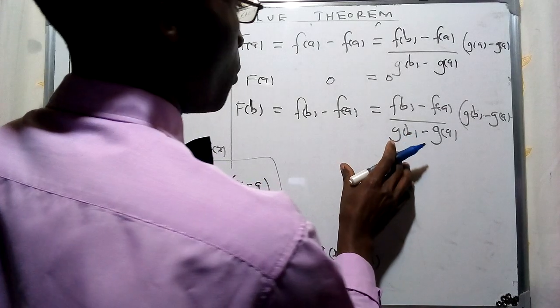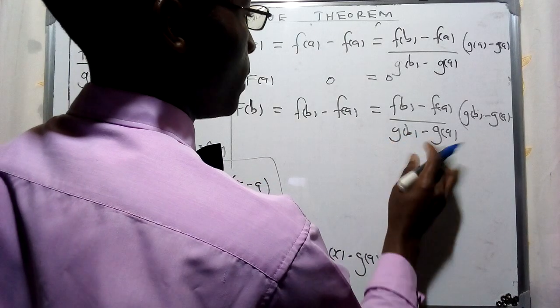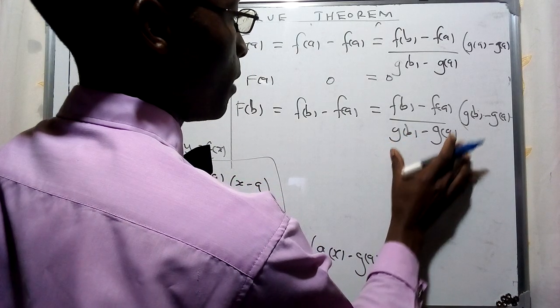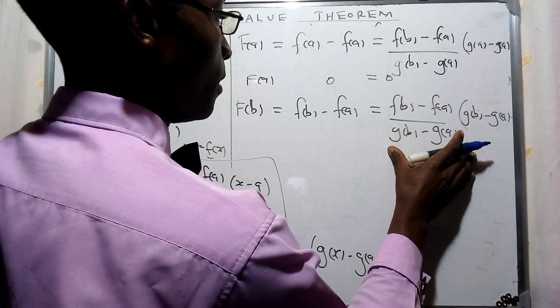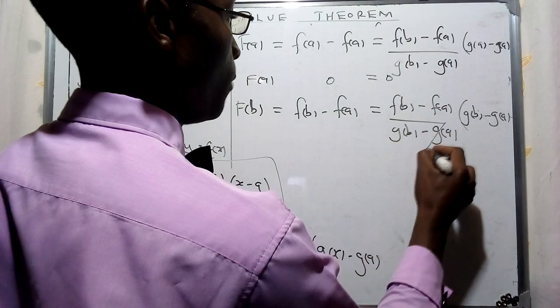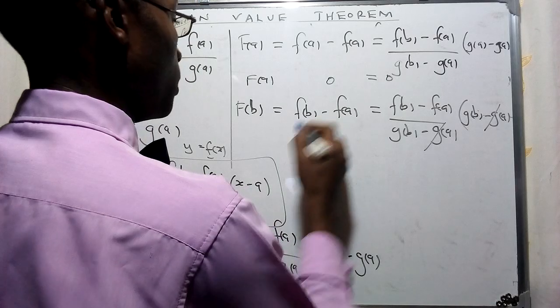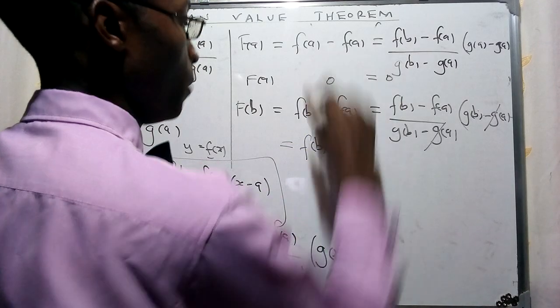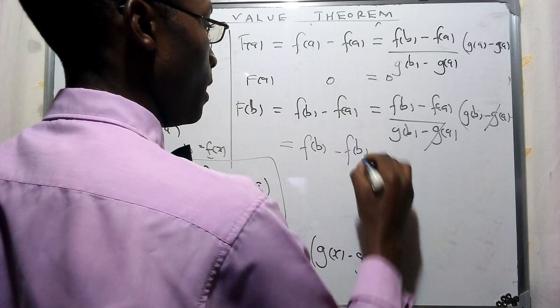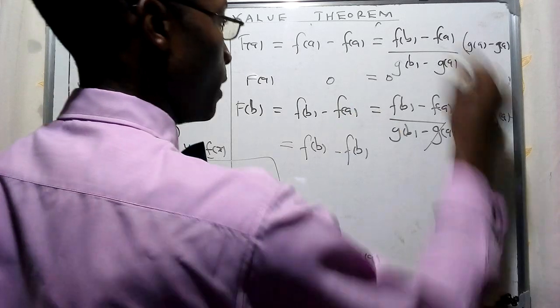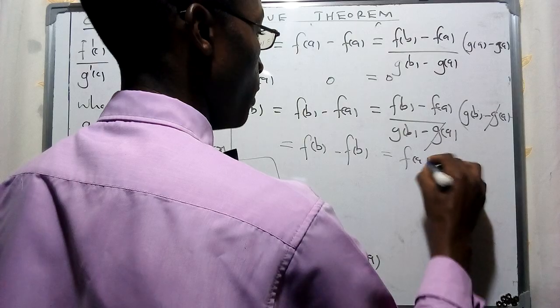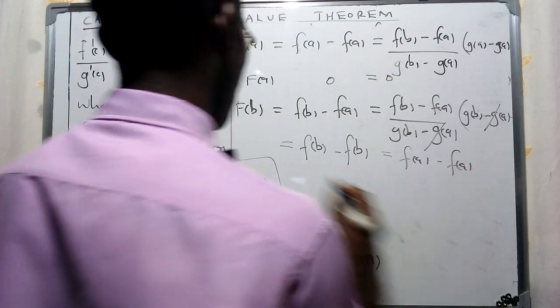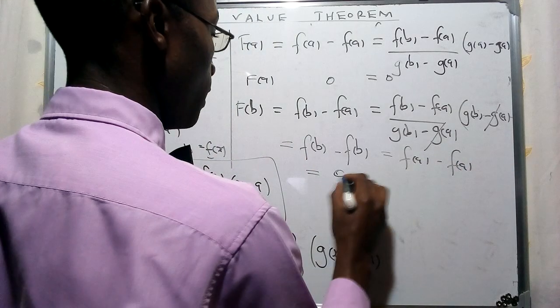So in this case, we're also going to look at this one, and we're going to see that the numerator for this right section of the equation is going to be the same. In doing a rearrangement of this equation, we're going to have f of b brought to the other side, and f of a taken to the other side, and this is going to be equivalent to f of a minus f of a, which gives us 0.